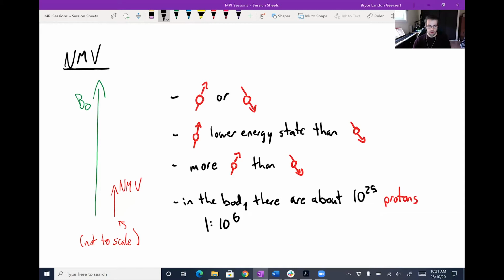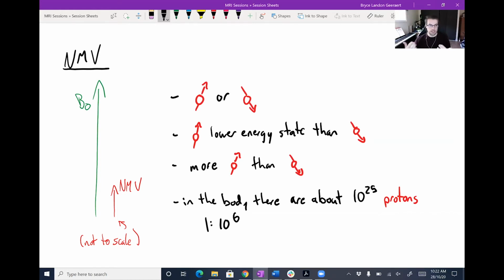So if you consider a population of 10 million protons in an MRI scanner, there will be approximately 49,999,999 down orientations and 50,000,001 up orientations for the spins.